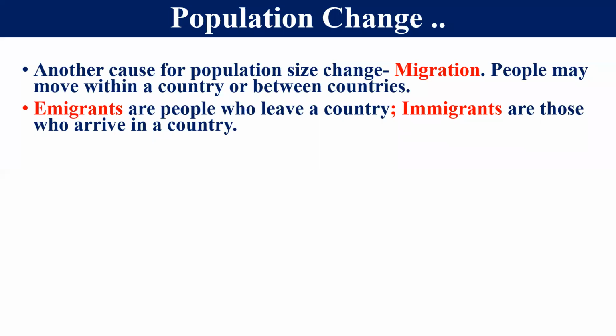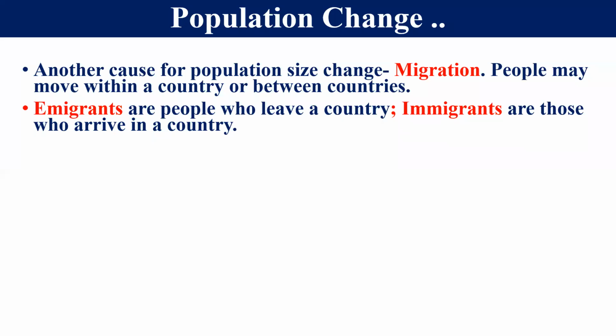Immigrants are those people who arrive in a country. Suppose I migrate from India to USA, it means I am an emigrant from India and an immigrant in USA.